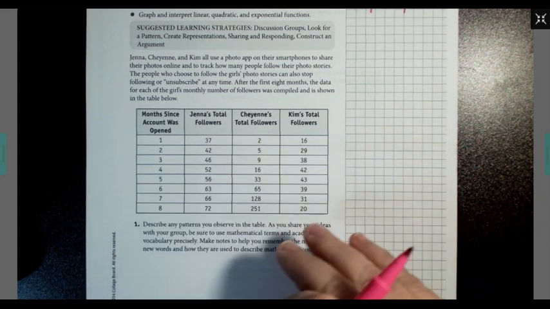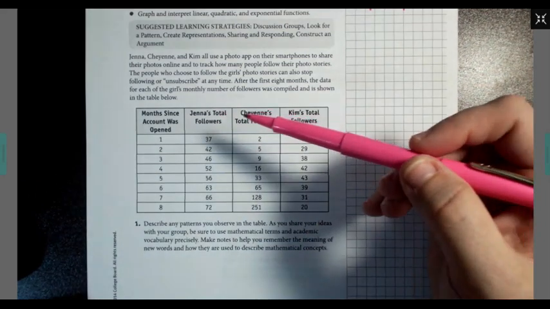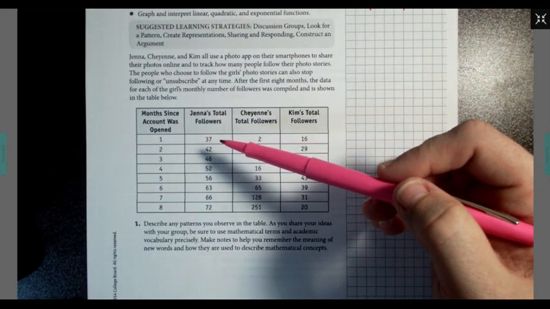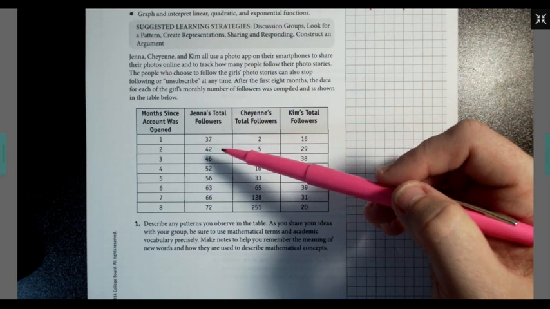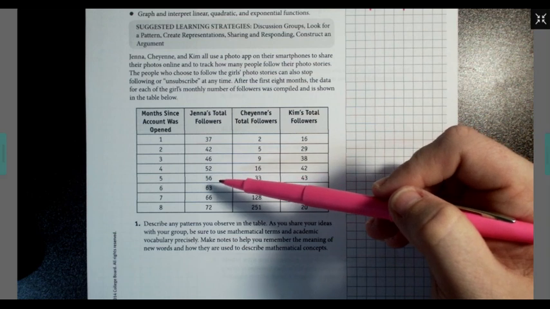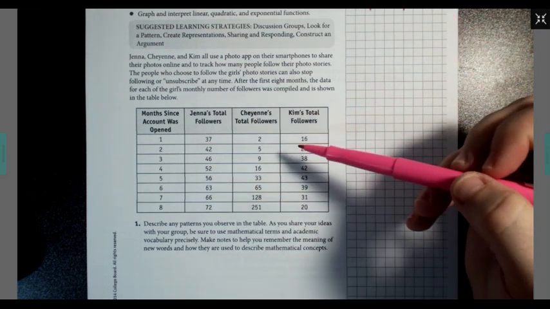And we have our table here. It looks like Gina's followers started at about 37. She went to 42, 46, 52, 56, 63, 66, 72.